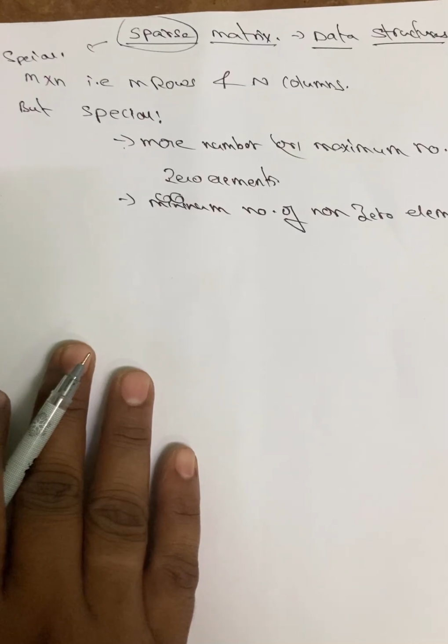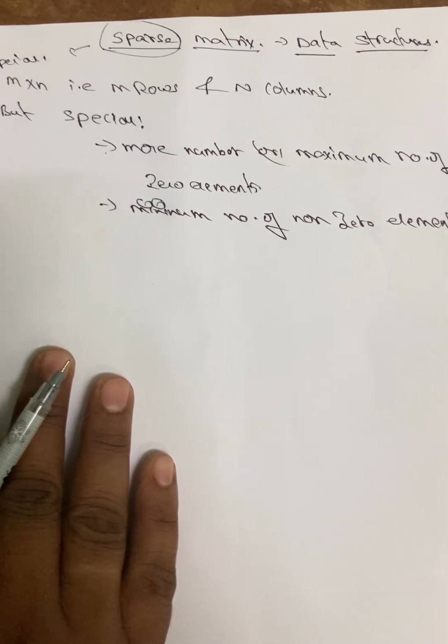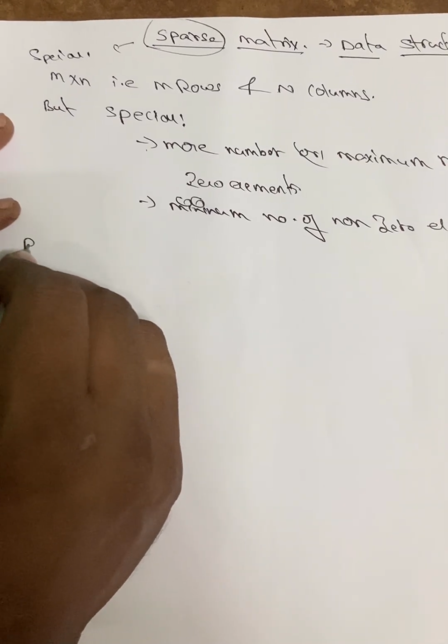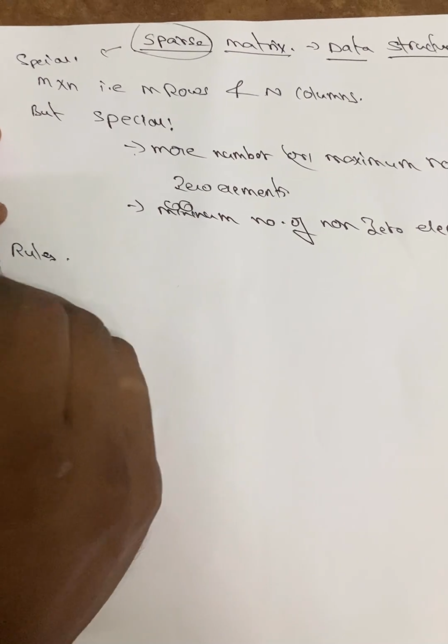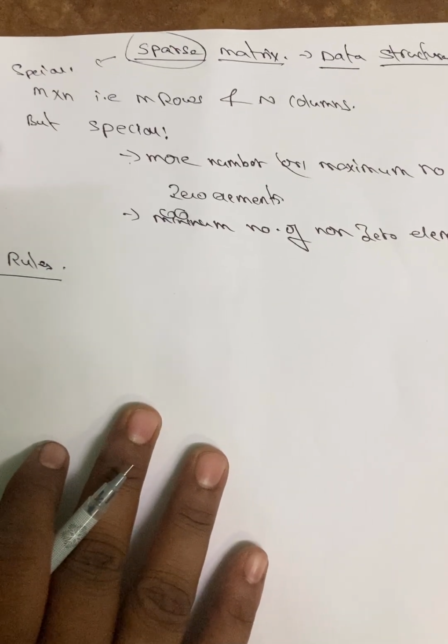Now, before we get into this sparse matrix, we require to remember three rules. So what are the three rules to remember?